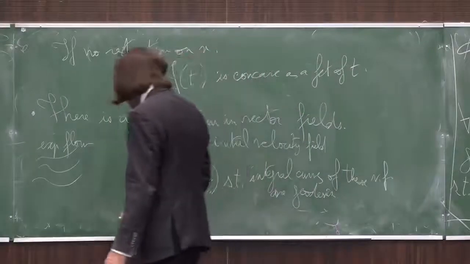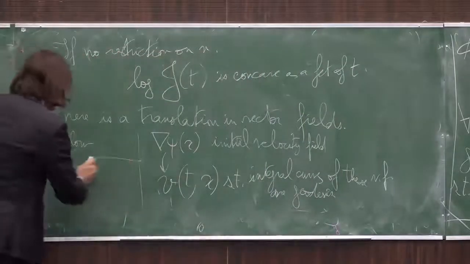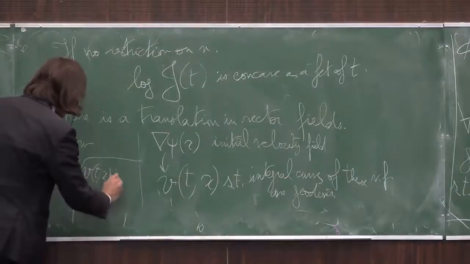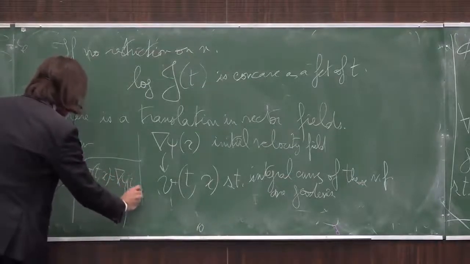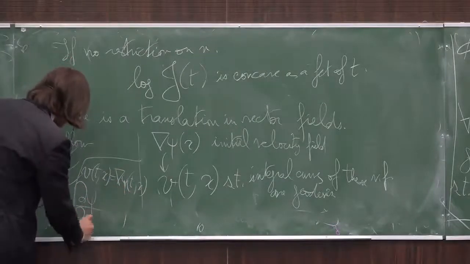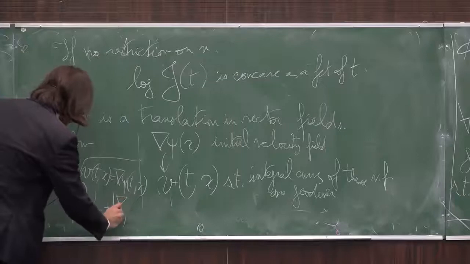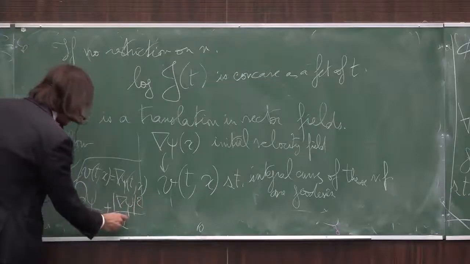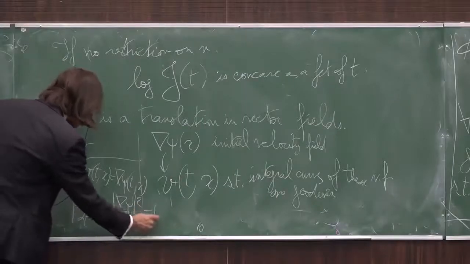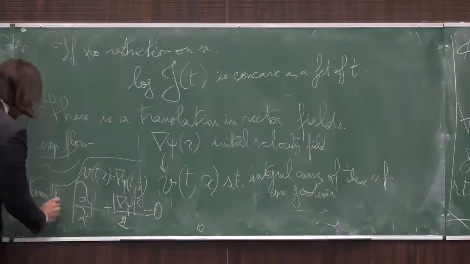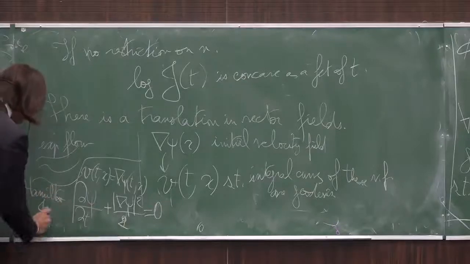The answer is yes, we can do it. And v of t, x should always be equal to grad psi of t, x. And psi should evolve in time according to the so-called Hamilton-Jacobi equation, the simplest one, d psi dt plus grad psi square over 2 equals 0. This is Hamilton-Jacobi.